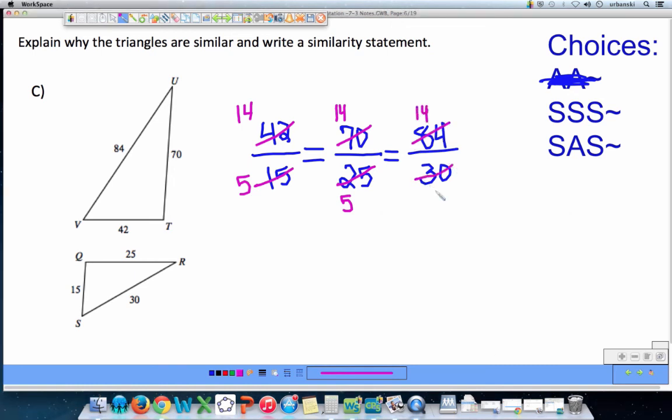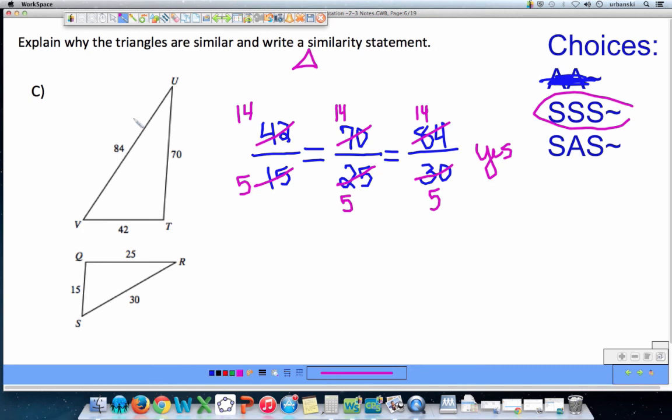And 30 divided by 6 is 5. So since all the ratios match, our answer is yes. All 3 pairs of sides are proportional by the side-side-side similarity statement.